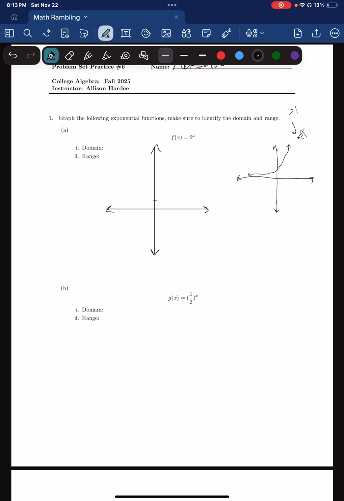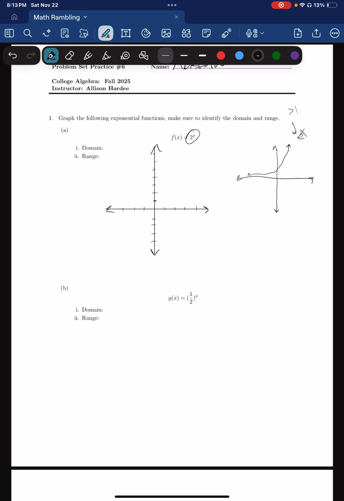Okay. The way I like to do these is probably just by plugging in points. The easiest point to plug in is 0, because I know anything to the 0th power is going to be equal to 1.